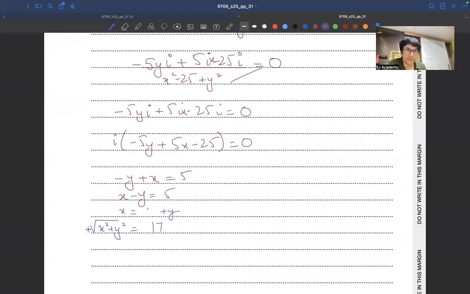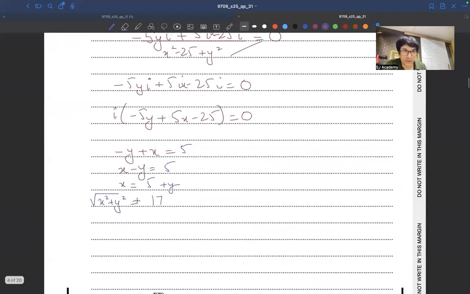So in place of x, we'll substitute 5 plus y. So this will become the square root of (5 + y) whole squared plus y squared, equals the square root of 17.